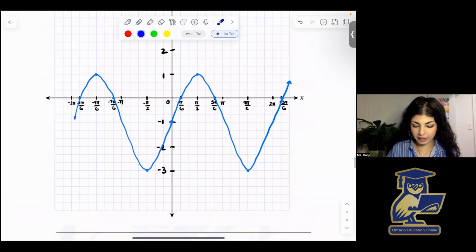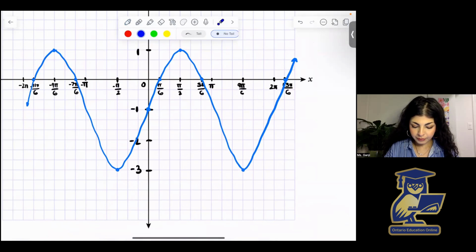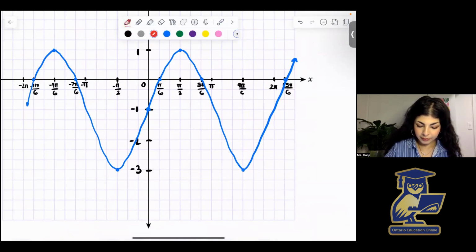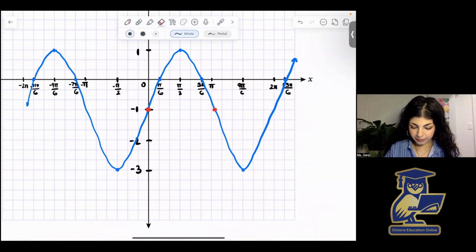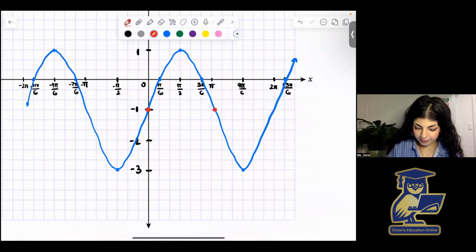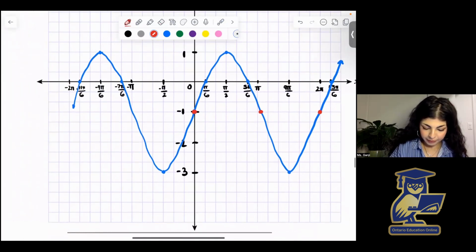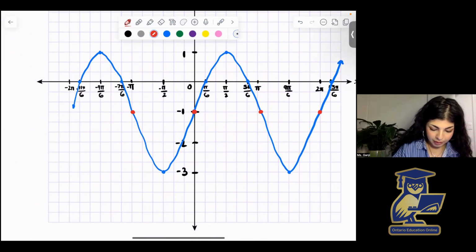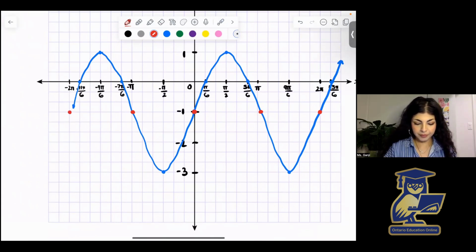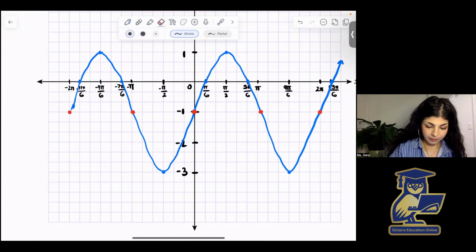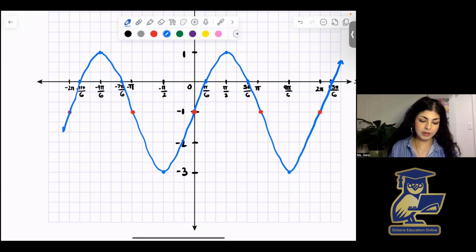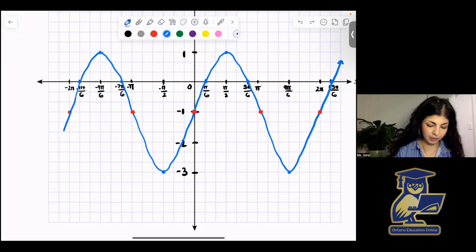So we know at 0, definitely here, and then this one should be like there, 2 pi, pi, and then we would also have one here. But then here we're kind of going this way.